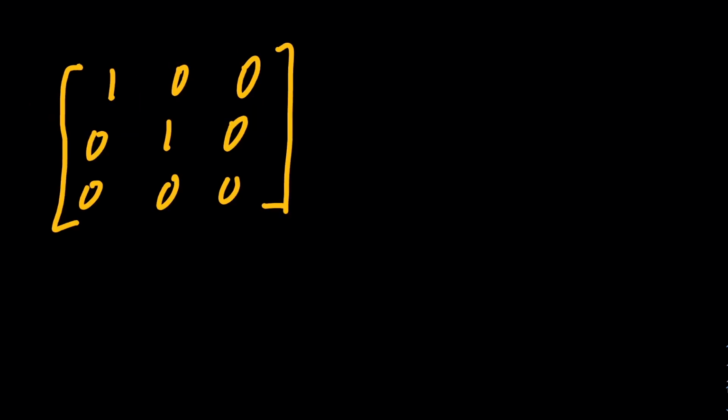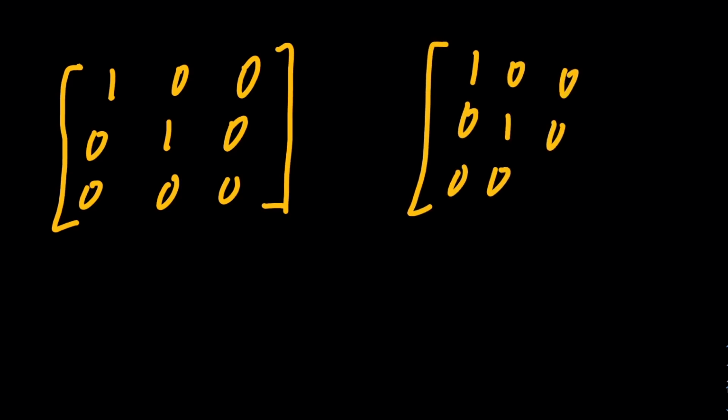Now, what about this matrix? Is it elementary or not? Well, it's a square. It looks very similar to the identity matrix. Let's think about that. If we have the identity matrix as given, we have to multiply the third row by 0.